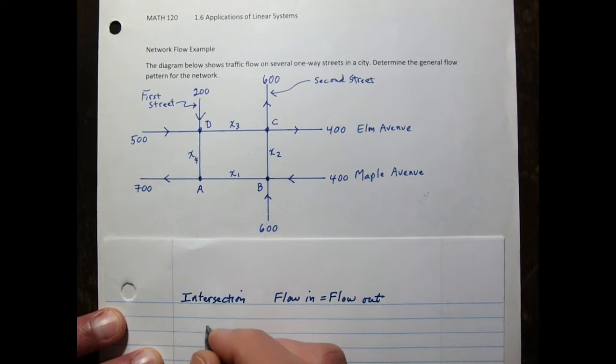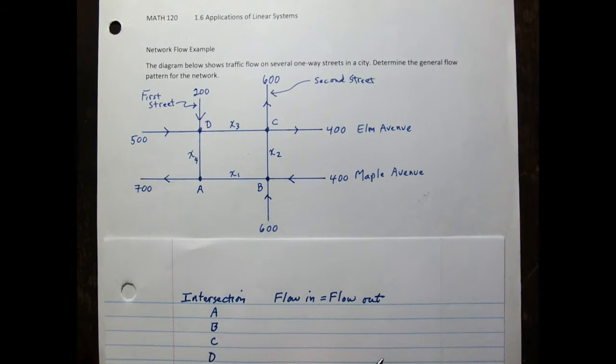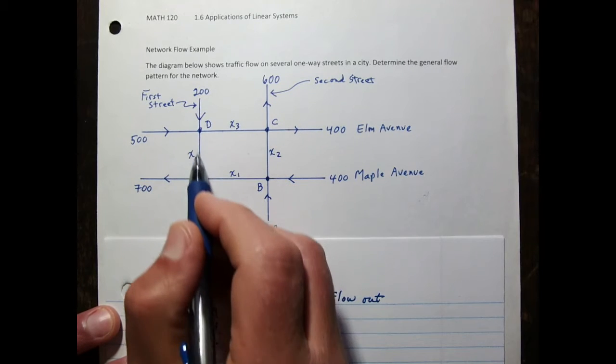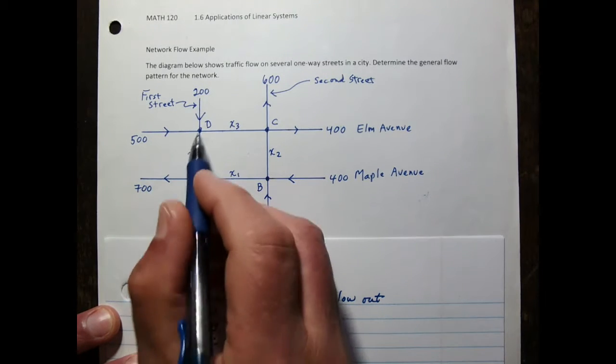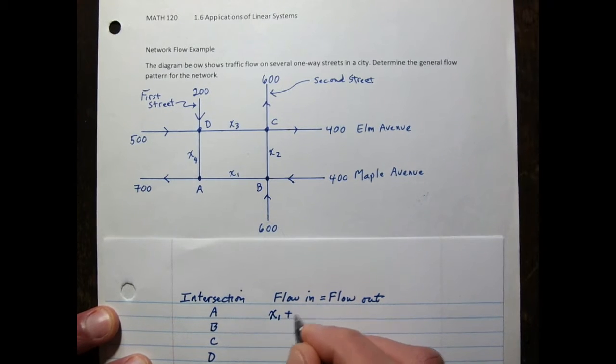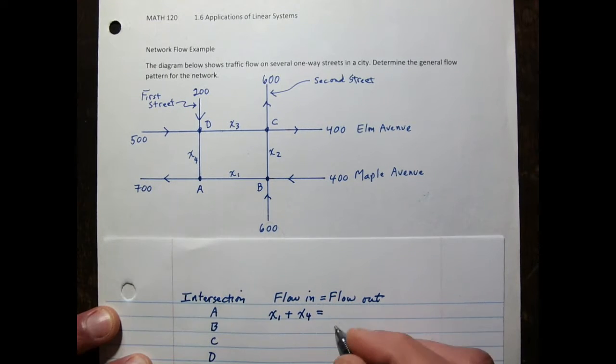So we have intersections A, B, C, and D. At intersection A, flowing into A is x1 and x4. So the flow in is the x1 number of cars plus x4. And there's only one way out from intersection A, so the flow out is 700.